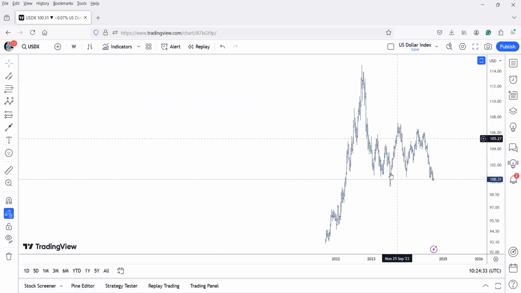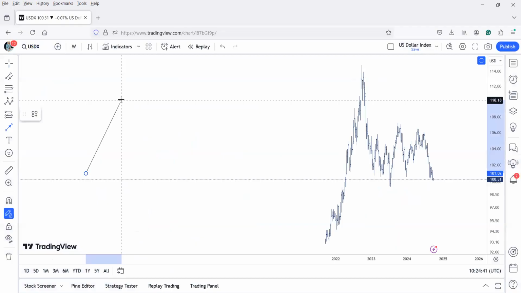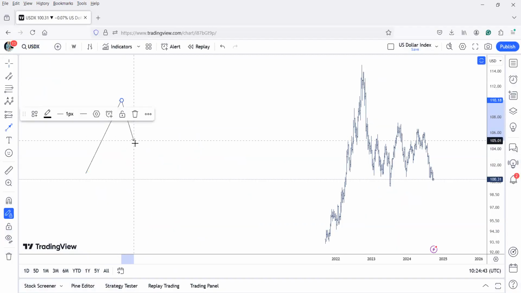Give it a glance on this pattern here. It is like the first wave and then the second wave with a complex structure, but it's still technically an ABC, not breaking below the previous low, coming quite close to it, so it falls under the category of a standard flat.